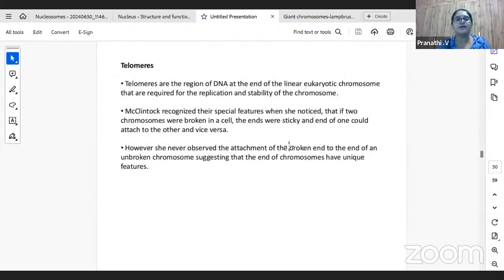Now, when it comes to telomeres, they are the region of DNA at the end of the linear chromosome. So, what is it necessary for? Telomeres: replication and stability of the chromosomes. Apparently, from the latest news released a few days ago, maybe a month ago, there was a person who spent 3 to 3.5 months underwater, and the telomeres lengthened, because of which he had age reversal and he looked as if he was 10 years younger.